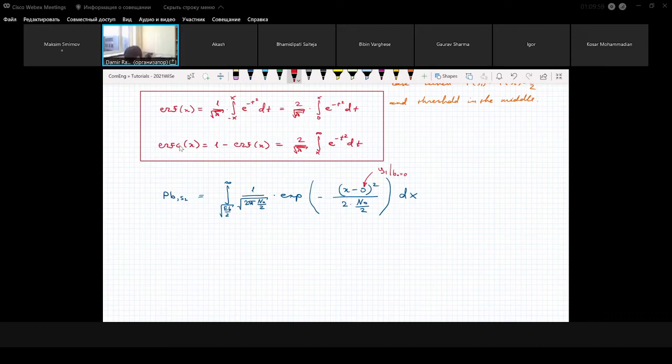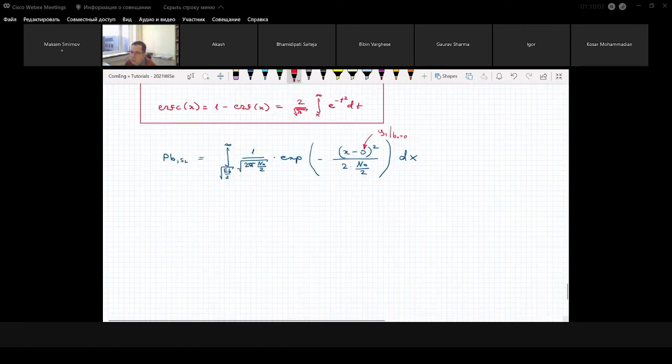We have to specify it as a function of d mean. Just one moment, because does it make sense?